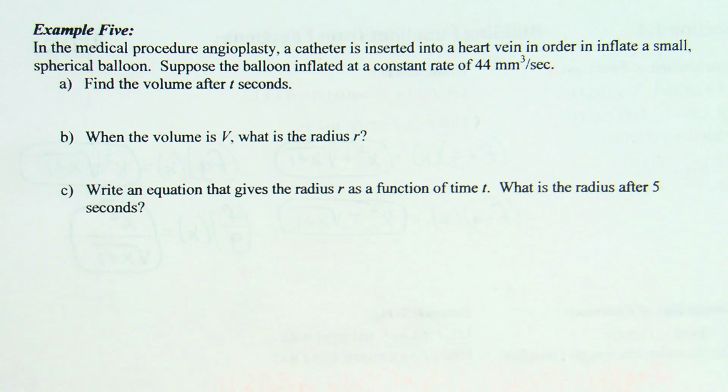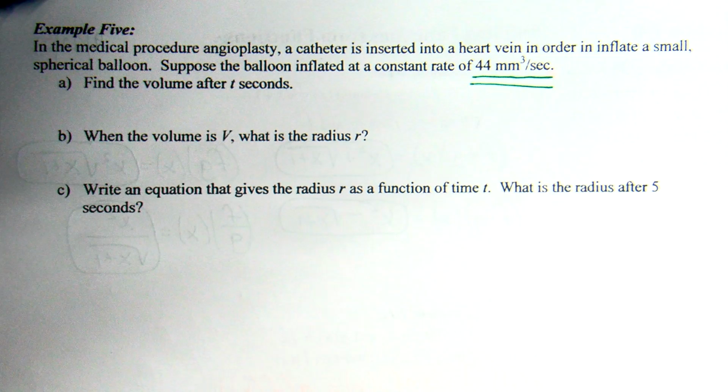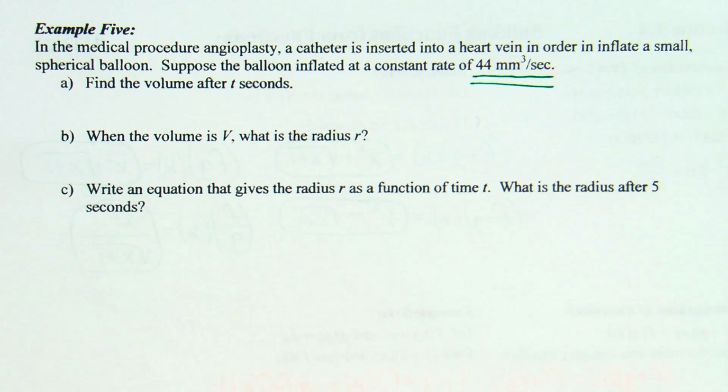Cubed, right? So the volume information they give us is 44 cubic millimeters per second, because cubic millimeters represent volume. So this is inflating 44 cubic millimeters per second. Okay, think with me.